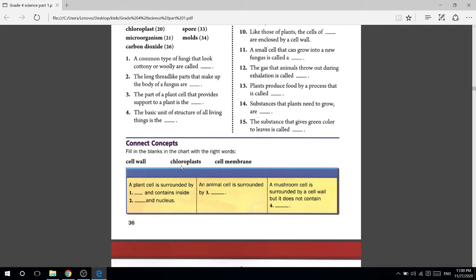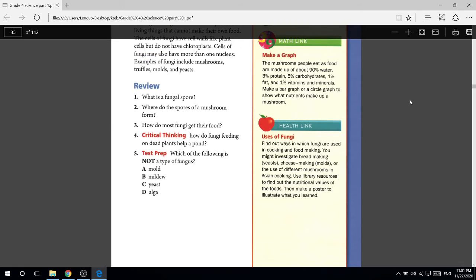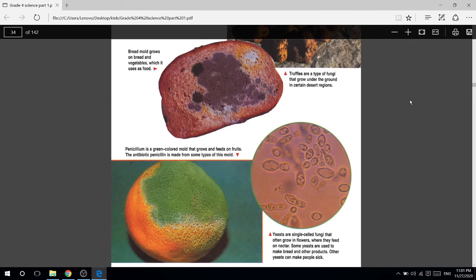Okay, students, this is how to differentiate between fungi and plants. Both of them have a cell wall, but a mushroom does not have a chloroplast. Okay, students, be careful. This is the important point.